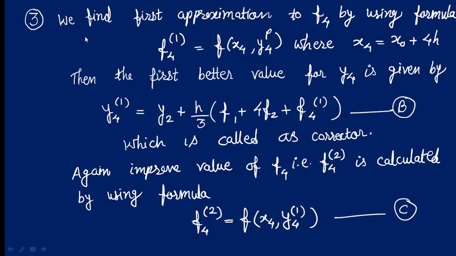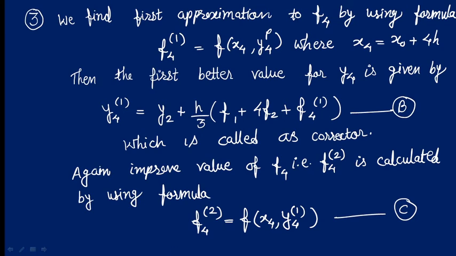Then the third step is we find out the first approximation by using f4 of 1, which is f of x4 and y4 of p. Then the first better value of y4 is given by y4 of 1 equal to y2 plus h by 3 into f1 plus 4f2 plus f4 of 1, which is called the corrector value.